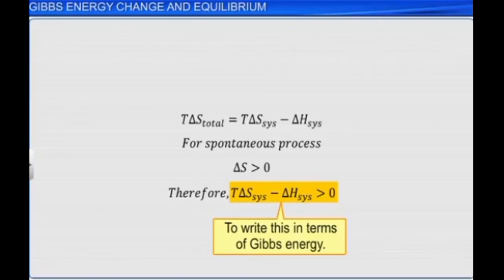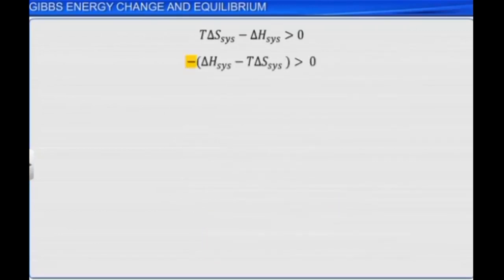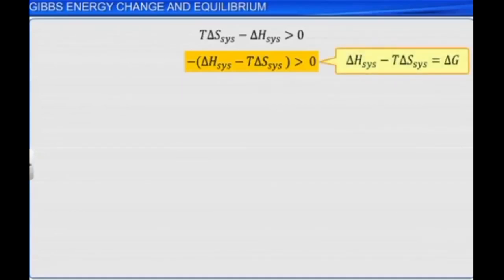But delta H system minus T delta S system is equal to change in Gibbs energy delta G. Thus, we can say that minus delta G is greater than 0. This means that delta G will be less than 0.